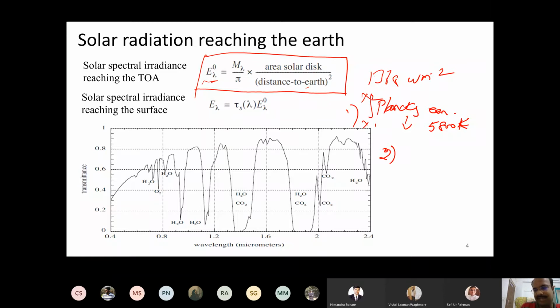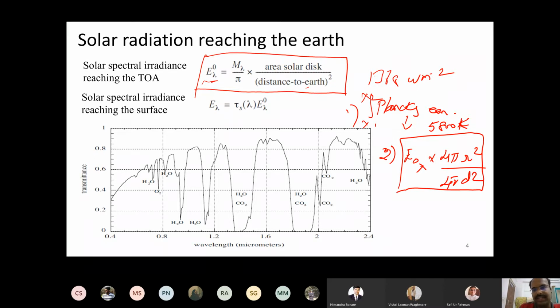Adjust that for the inverse square law. Inverse square law is E naught lambda emitted by sun multiplied by 4 pi sun's radius square divided by 4 pi distance between earth and sun square. If you do this, very similar to our solar constant, we will get a value that will be the irradiance of the solar radiation reaching the top of Earth's atmosphere.